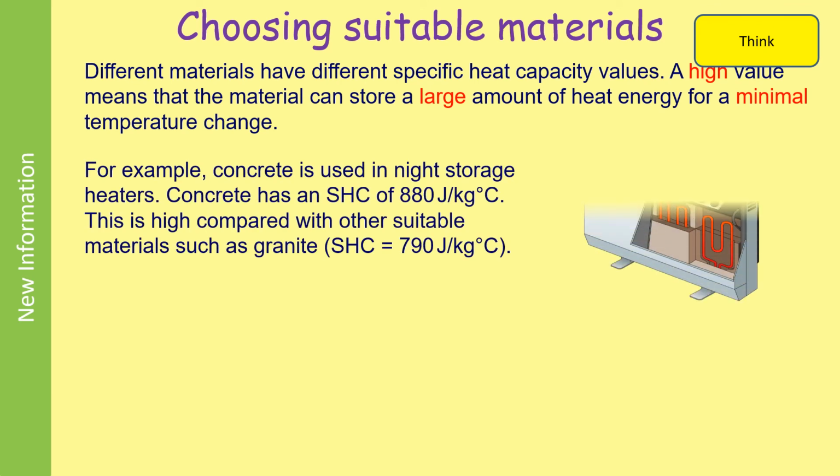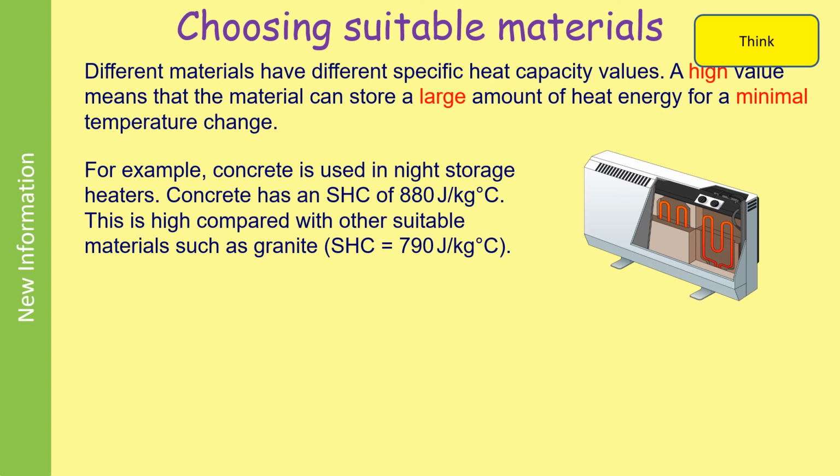We use the idea that different materials have different specific heat capacities to help us choose materials for specific purposes. A high value of specific heat capacity means that the material can store a large amount of heat energy for a small temperature change. So for example, if you have electric storage heaters, they often have lumps of concrete in them.